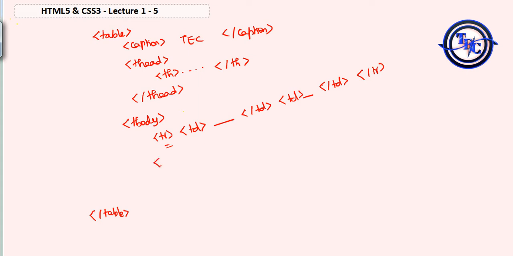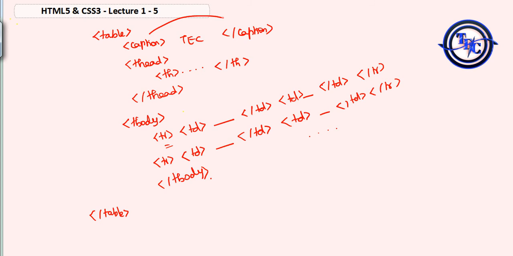And another row, tr, I have td, some content. However many rows you want you can have, and close the t body. That's all. See, this is opened and this is closed, this is opened and this is closed. This is the structure.